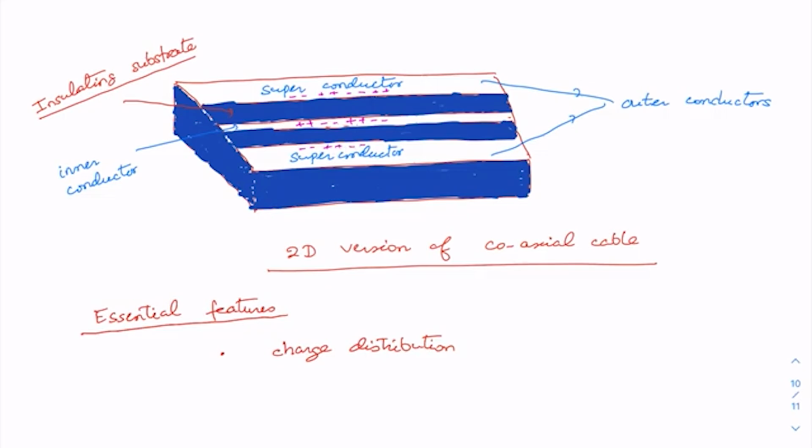Because of that you will have electric field lines on both sides here, things like this. So first of all, charge distribution, then field lines.